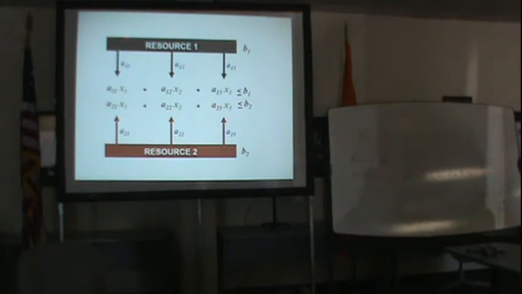And if you want the total consumption of the resource, then you add it. So here you have proportionality, proportionality, proportionality, and you have additivity. So you have proportionality and additivity both in the objective function and in the constraints. The constraints are the resource consumption quantities, and the measure of effectiveness is the objective function, which could be the profit, could be a cost, and could be other things.